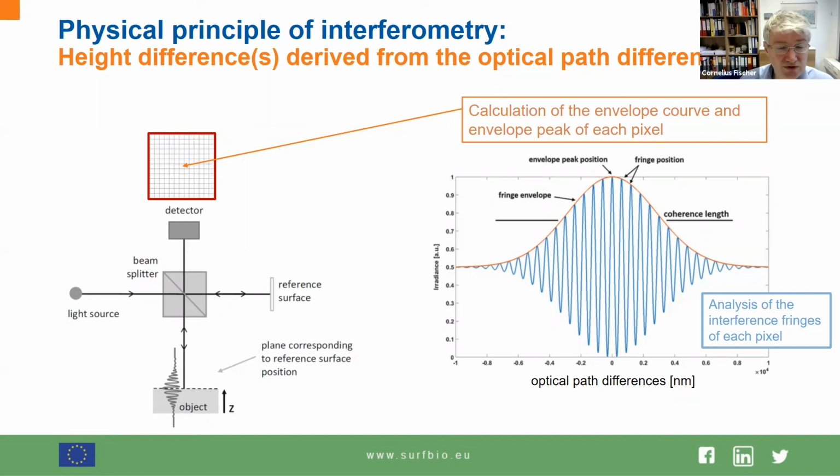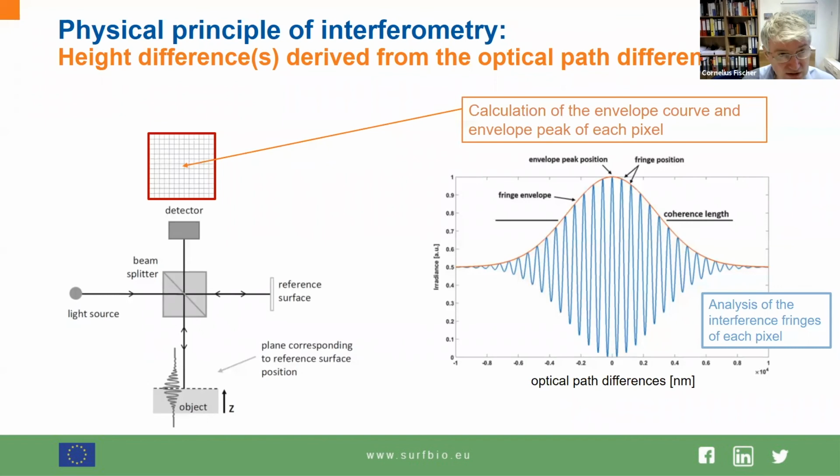The light does interfere, and the interference pattern is later observed, not just by your eyes but with a detector, a pixel camera, a CCD device. So a simple thing, simple Michelson interferometry. I'll come to the details later, but that's the basic principle.